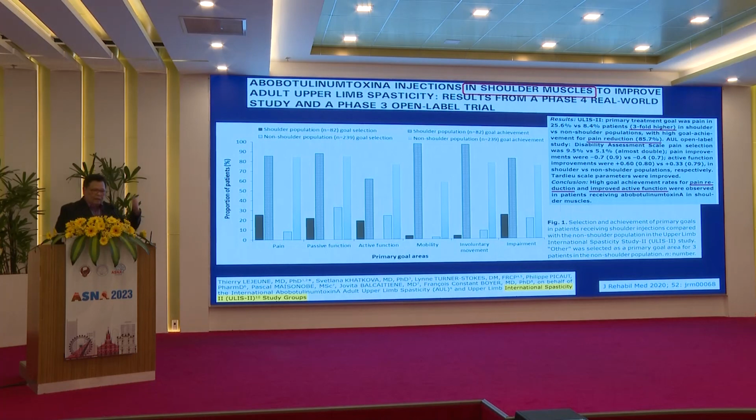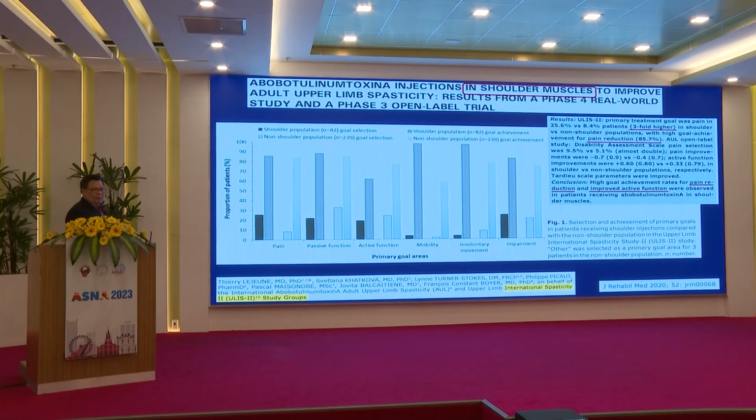Now, I would like to switch gears into shoulder spasticity and shoulder injection with botulinum toxin. Many years, we used to inject the elbow movers, the wrist movers, and the long finger flexors. But nowadays, we believe, as I believe, that we might be missing the boat in terms of our injections because many of the patients do have more pain in the shoulder than in the elbow or in the wrist.